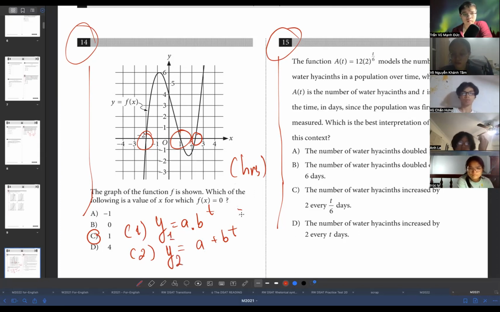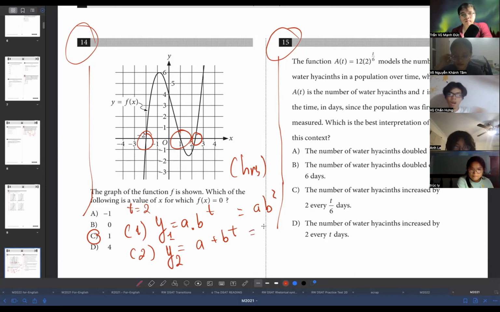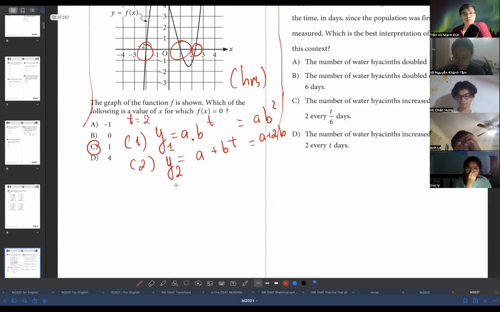How much is y2? At t equals 2. AB squared, and y2 is A plus 2B. All right, so apply the same logic to this equation.